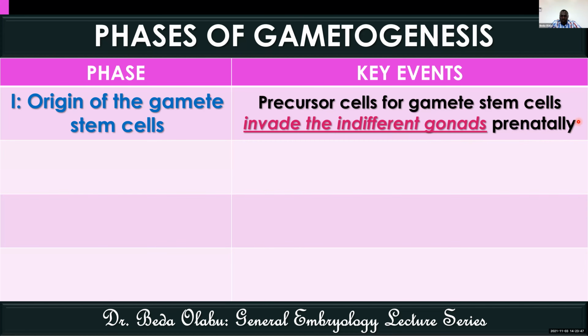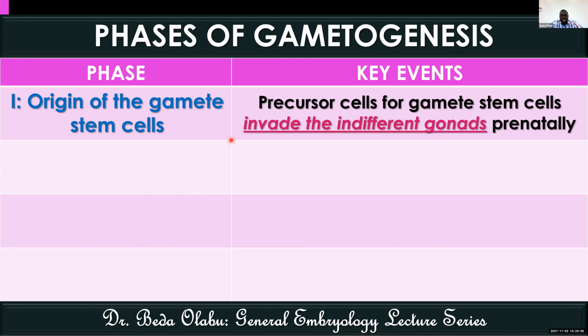When? Before the baby is born. The number of cells that have migrated and invaded the indifferent gonad are about 100 cells. Let's just take that arbitrarily.